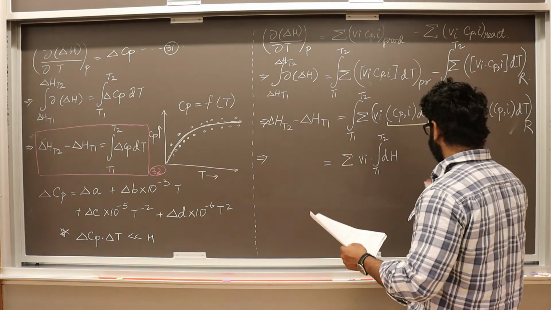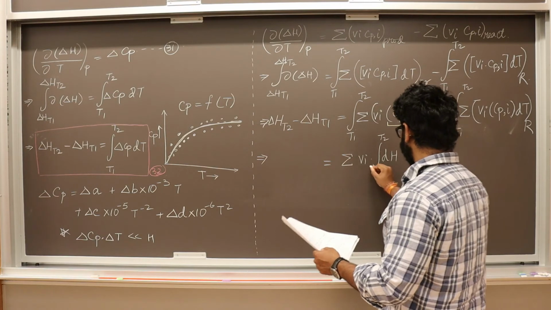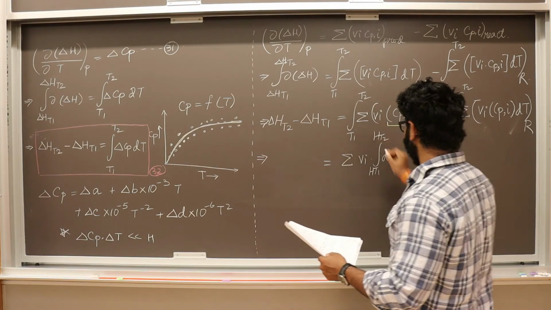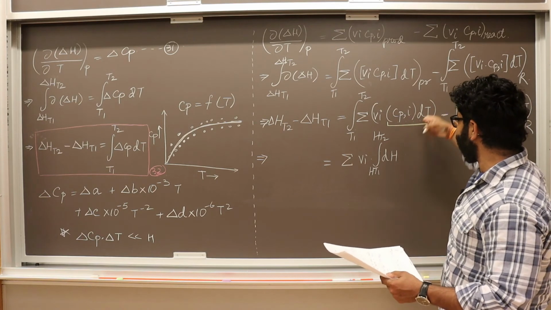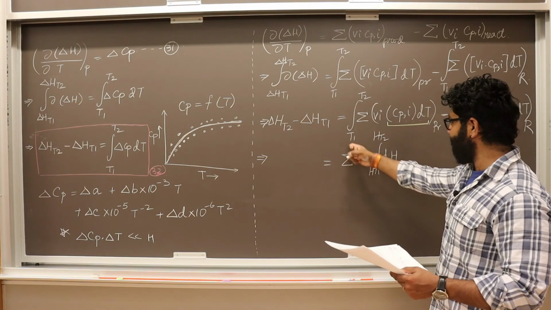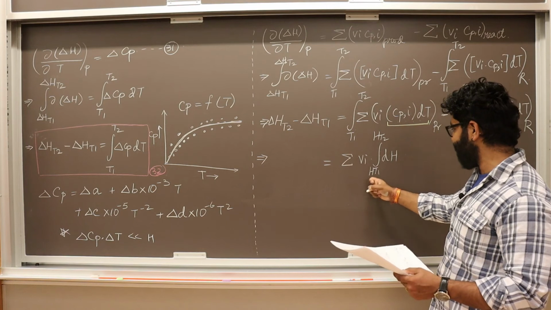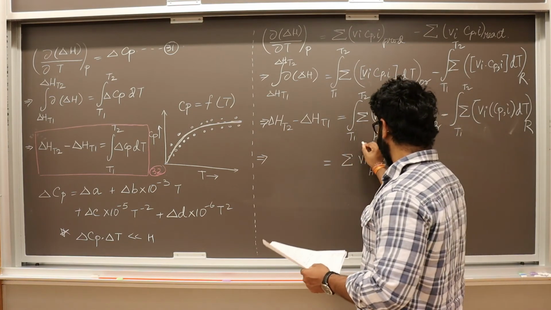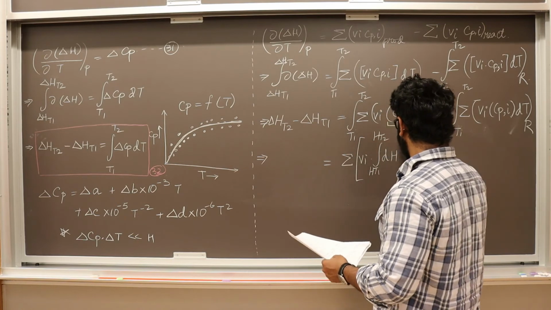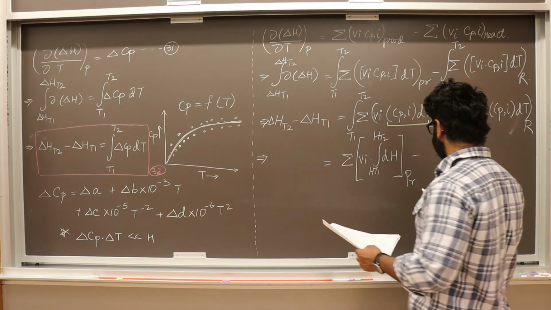Because you changed the variable from T to H, the limits changed from T1 to H at T1, okay? This is still for the products.